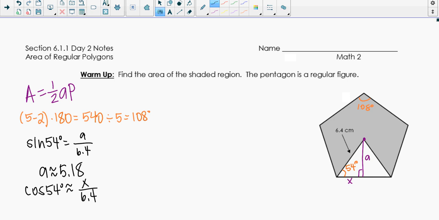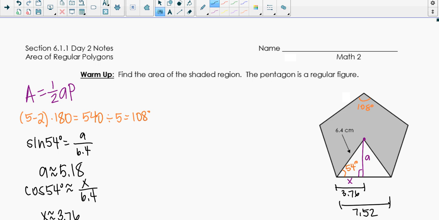When you multiply that out, cosine of 54 times 6.4 is about 3.76. So if this is 3.76 right here, we can double it to get the whole side. So the whole side is going to be 7.52.